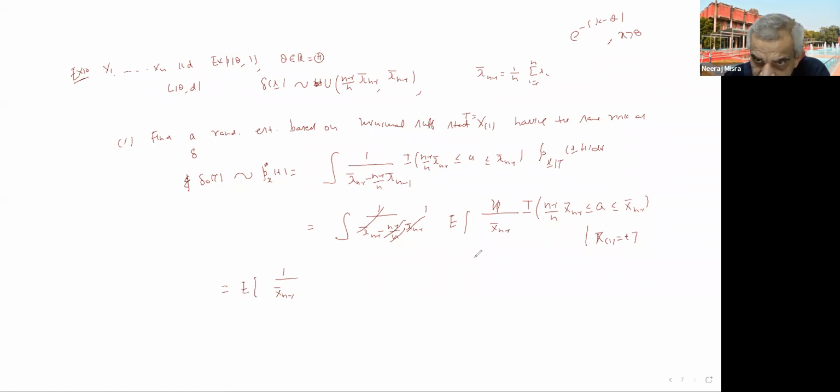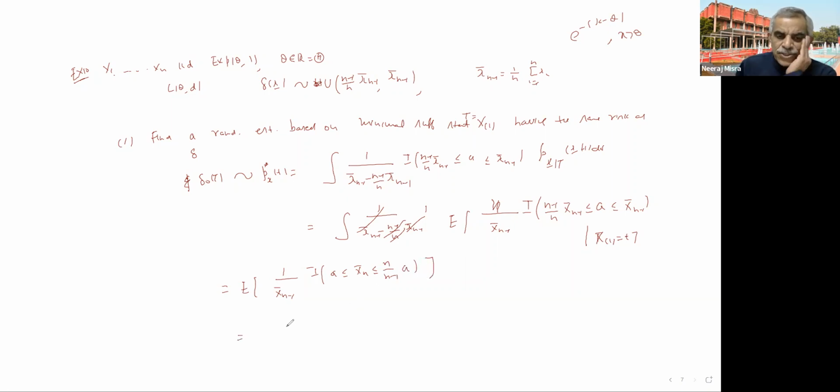I write this in terms of a because I have to integrate out these x's. So this becomes indicator a less than or equal to x bar n minus 1, less than or equal to n upon n minus 1 a, right?